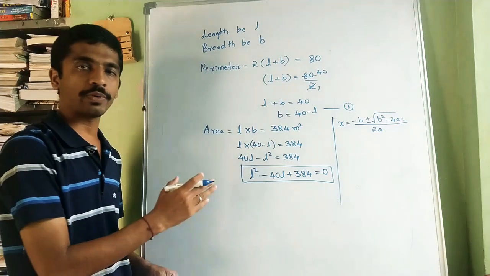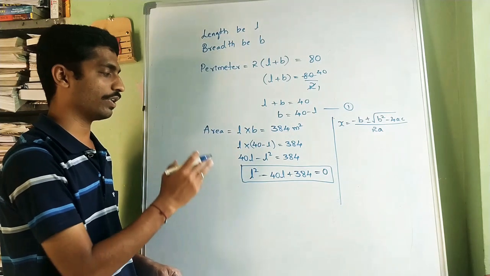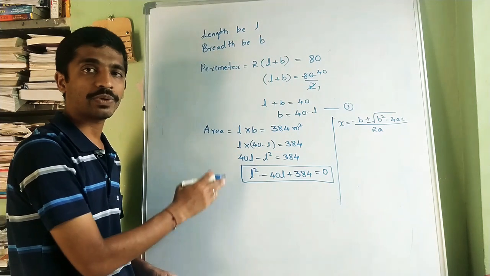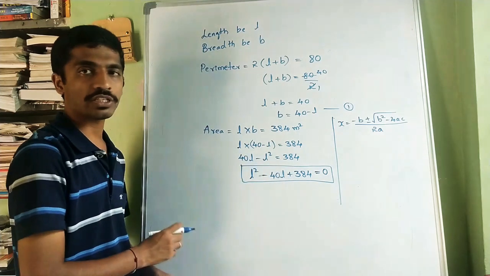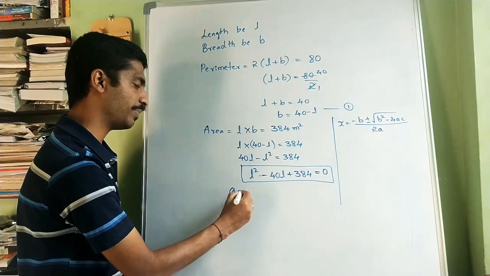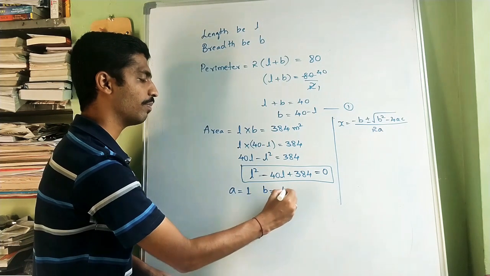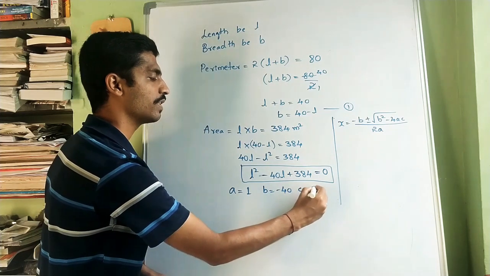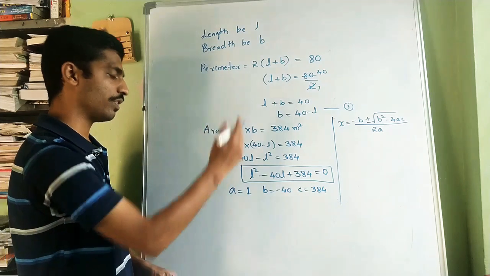So in this quadratic formula we have to substitute the coefficient of x square, and here in place of x square, L square is there. Okay, L square, L and constant values. So here a becomes what? a becomes 1, b becomes minus 40, c becomes 384.